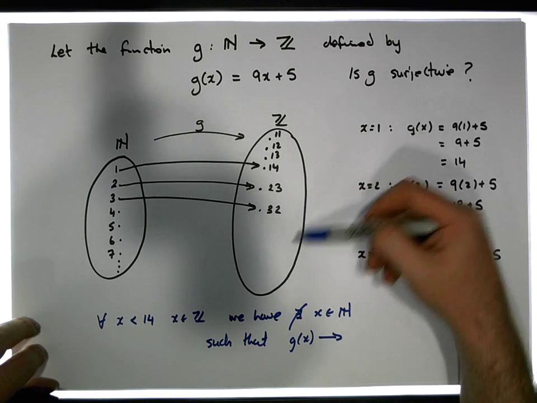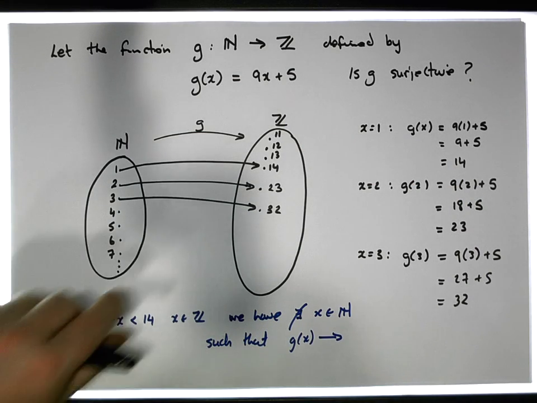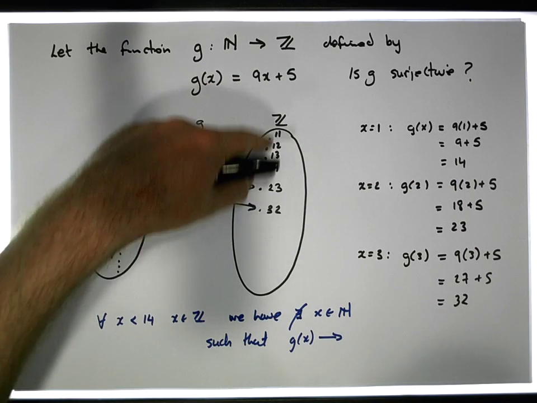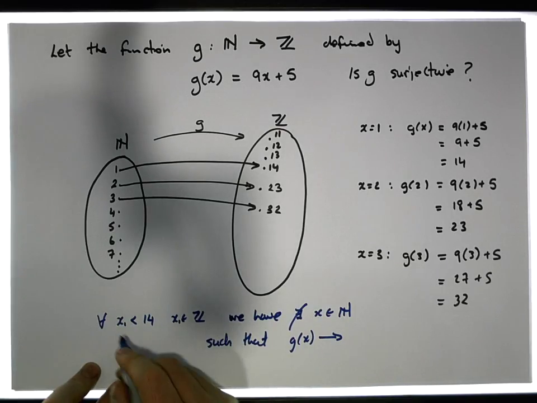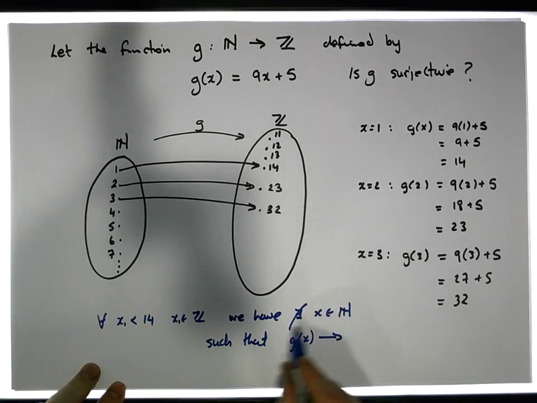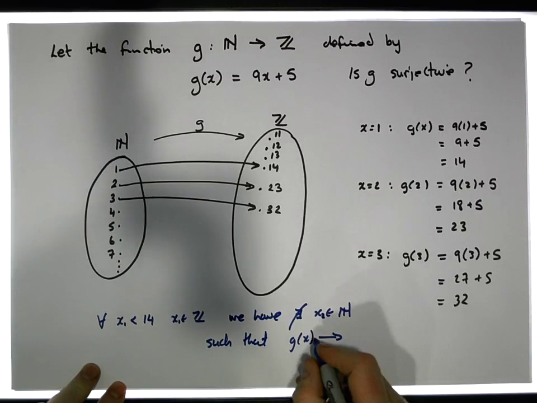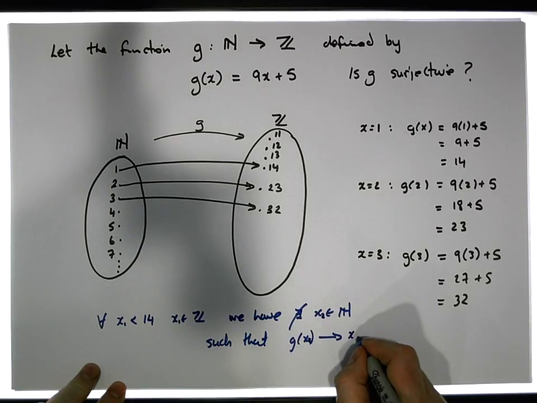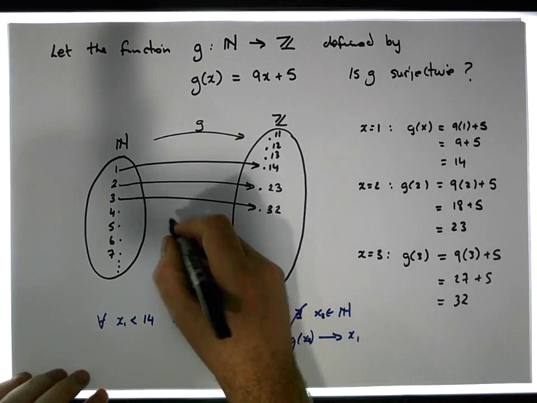I should say this is x1. Let's say for each and every x1 that's in this particular set, there doesn't exist an x2 in the naturals such that g of x2 is equal to x1. So there's lots of values here that aren't mapped into. So this function is not surjective.